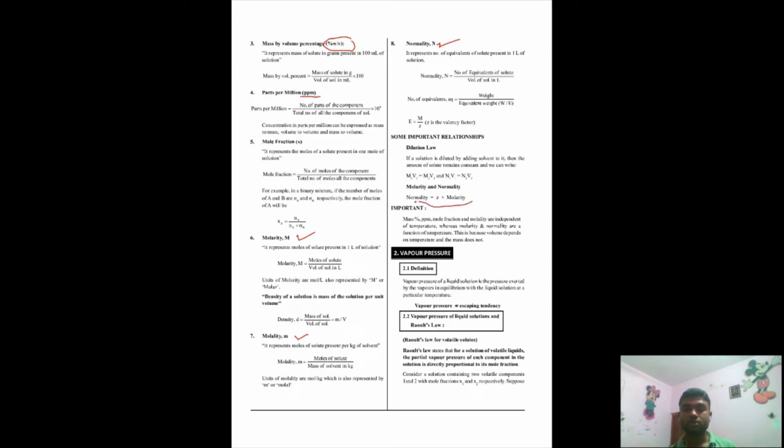And this is the relation between normality and molarity: N is equal to Z into molarity, where Z is the equivalence factor.